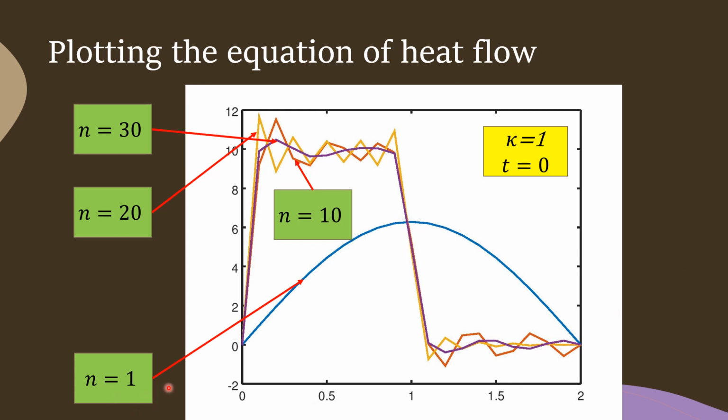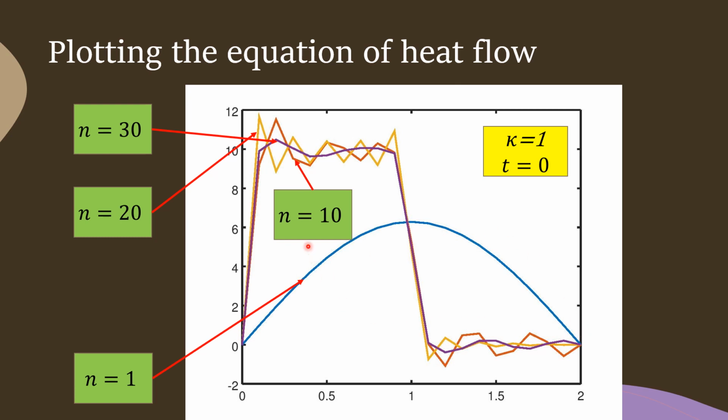So what I did was to put kappa equals 1 and t equals 0 into the equation, and I compute u(x,t) depending on different values of n. So for n equals 1, this is the expression that I will have for time t equals 0. Okay, and you see this is just not correct, because if you compare this to the initial condition that you want, this is not true.